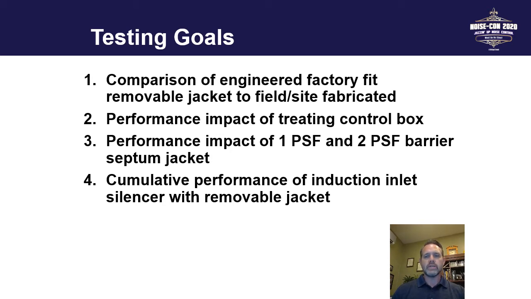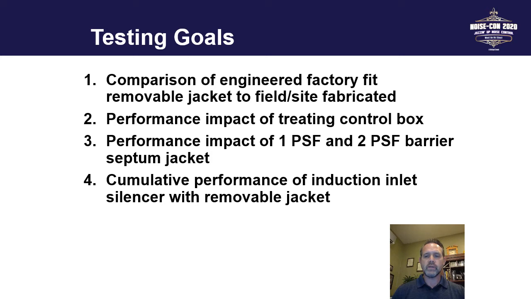The second goal was to look at the performance impact of treating the control box on a unit. The third was to look at the performance of changing the construction of the barrier septum in the jacket or sound cover itself, contrasting a 1 pound per square foot versus a 2 pound per square foot density barrier.